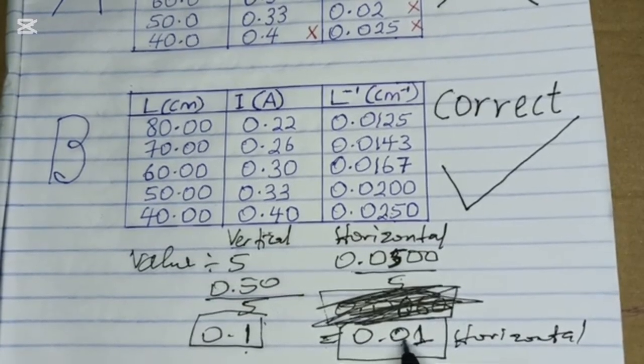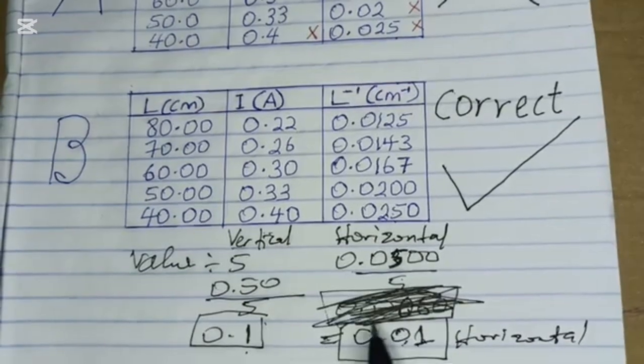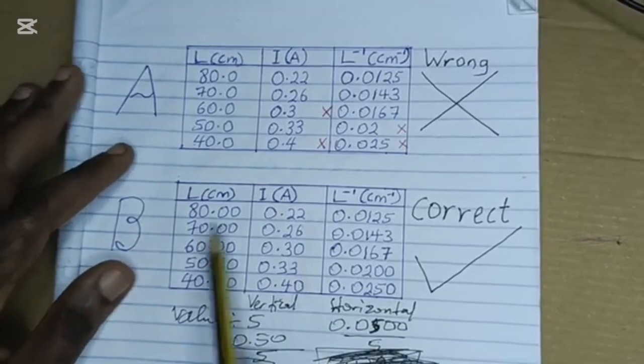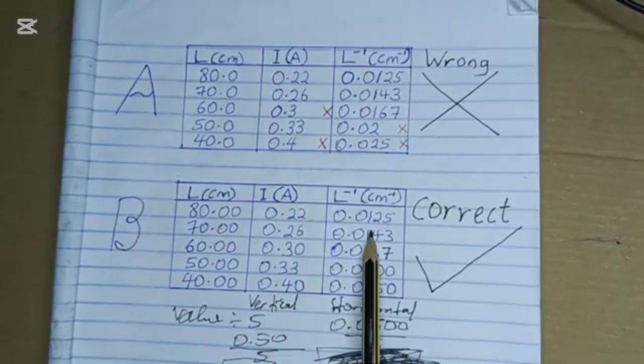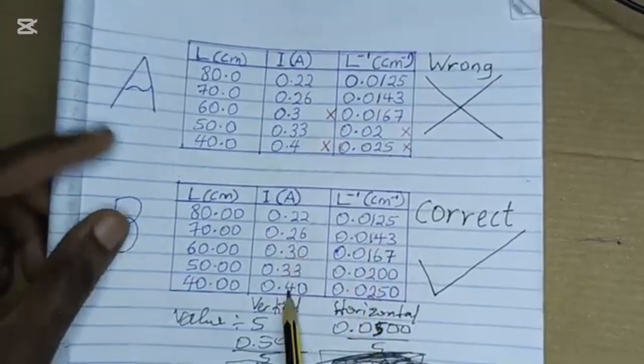So let's now get the graph and see how we can plot this. After scaling the graph, the 7th step is plotting of the graph, that is allocating values to the vertical and also to the horizontal. So let's check it out. Now, using our table as an example, we will plot this as the vertical and this as the horizontal.